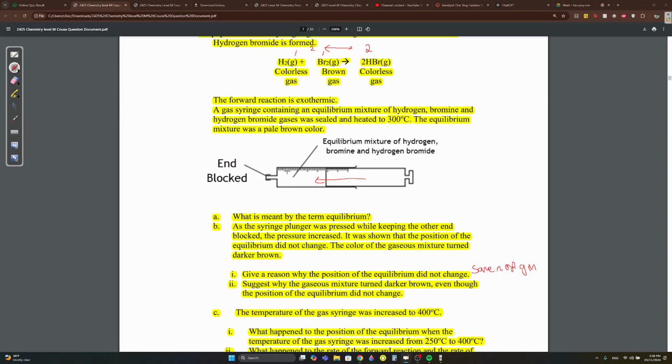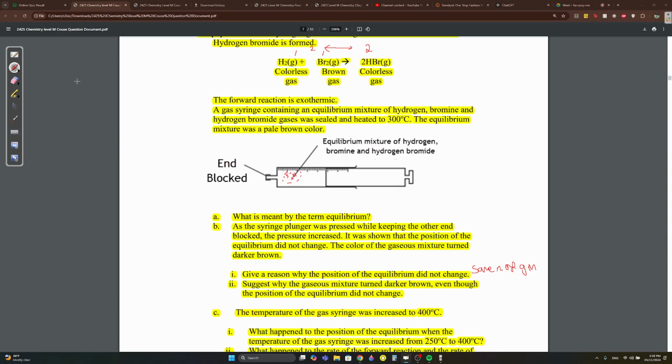The gases were spread around in the syringe, but when you pressure it, there's less space for the gases, so there's going to be more brown gas. You guys know C is equal to n over V. If you decrease the volume, then the concentration will increase, and therefore you're going to have a darker brown color.